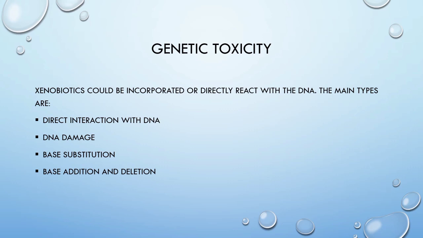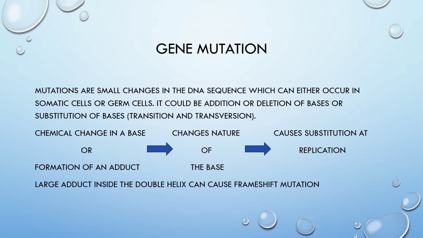in relation to the nucleotide bases that can be substituted, or bases being added or deleted from the sequence. These changes in the DNA can occur in somatic cells or in germ cells, and it can either be addition of a base pair, deletion of a base pair, or substitution of a base. Substitution of a base can cause transition or transversion.